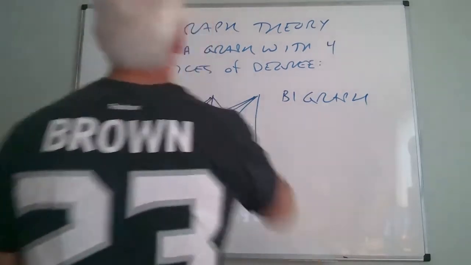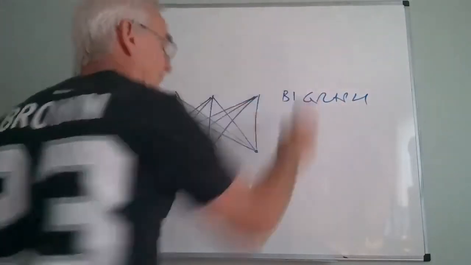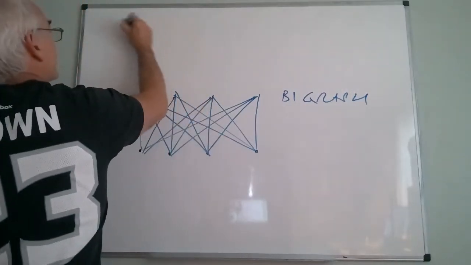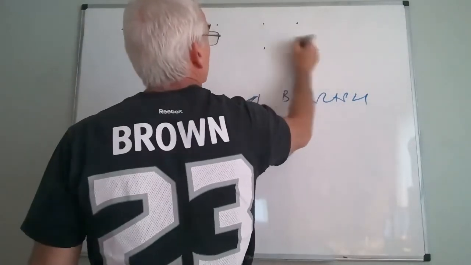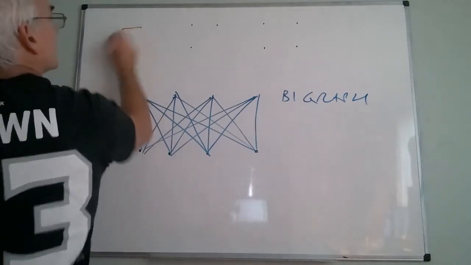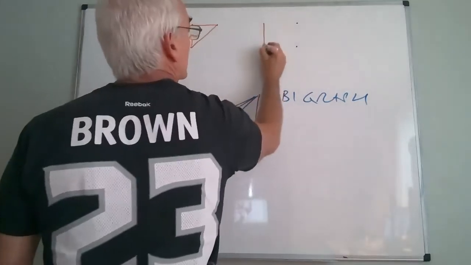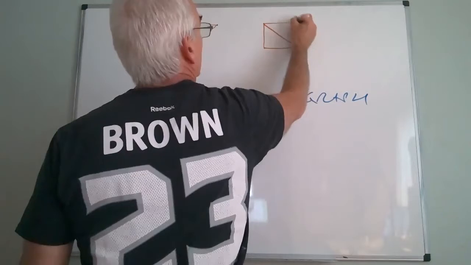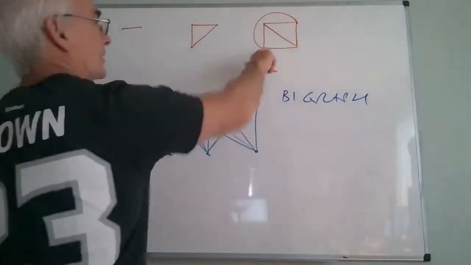So I'm going to back up because there's some notation going on here. If I gave you a simple set of vertices, this is a better looking graph than the other one.